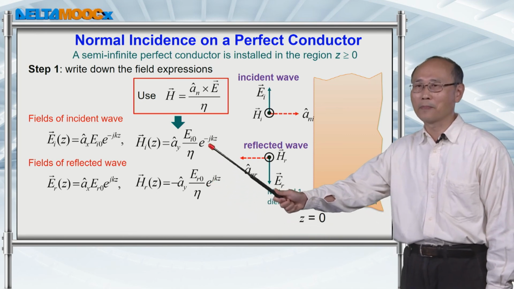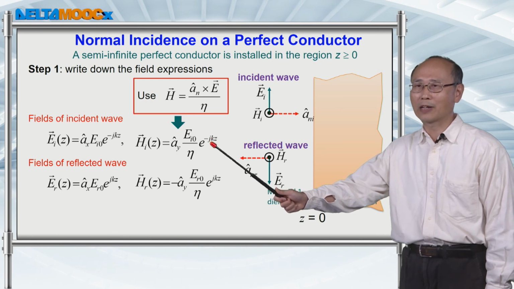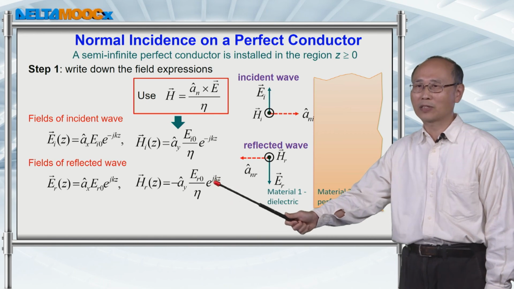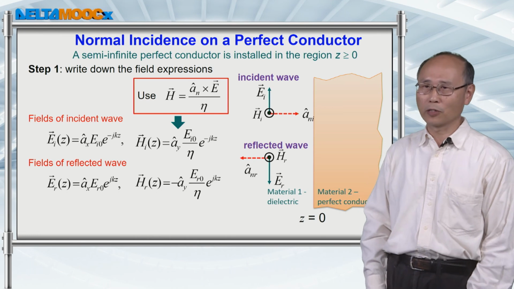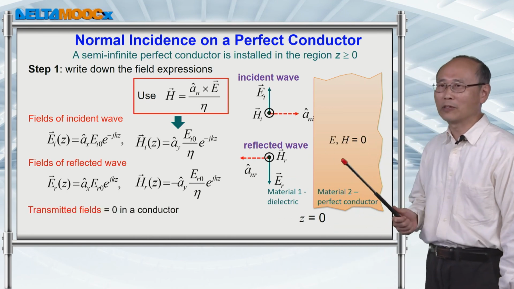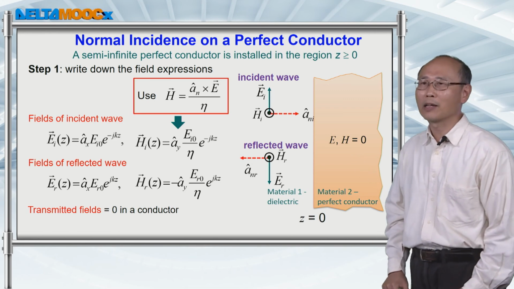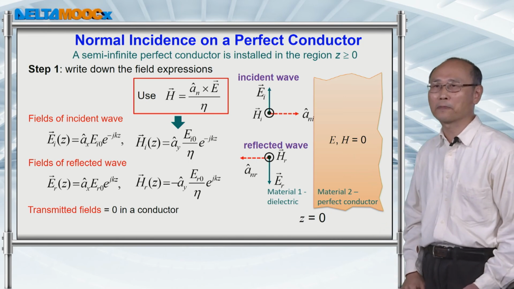So you can see that there's a minus sign for the forward propagating wave, and there's a plus sign before this j for the backward propagating component. And we don't need to care about the field inside this piece of perfect conductor, because we know that no electromagnetic field can penetrate through a perfect conductor.